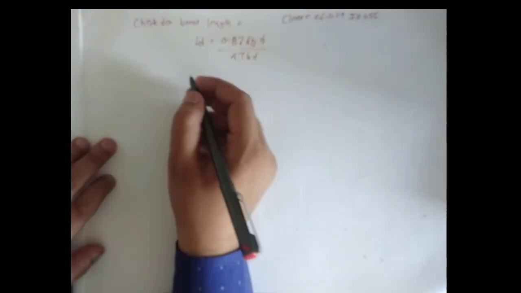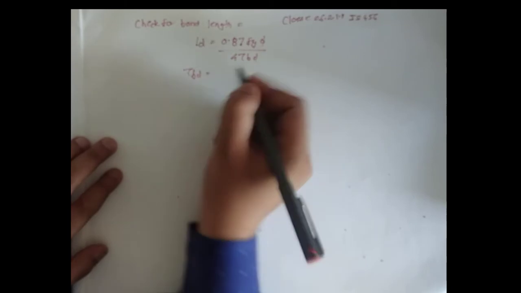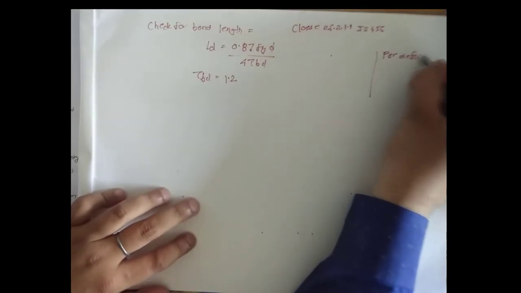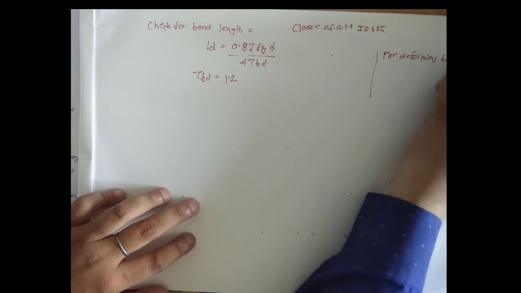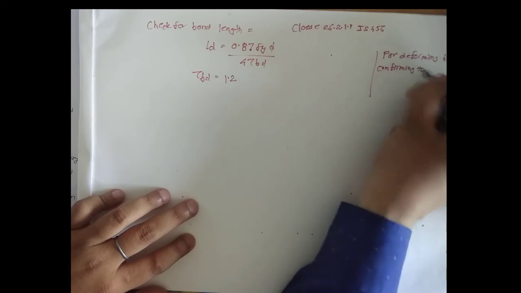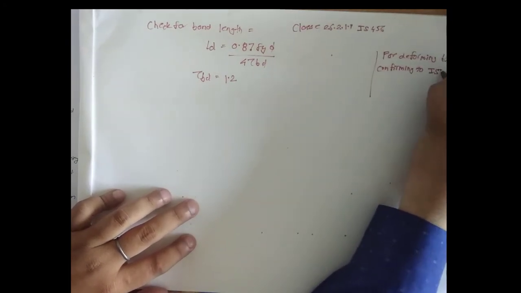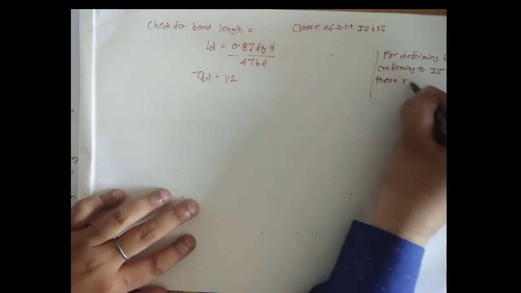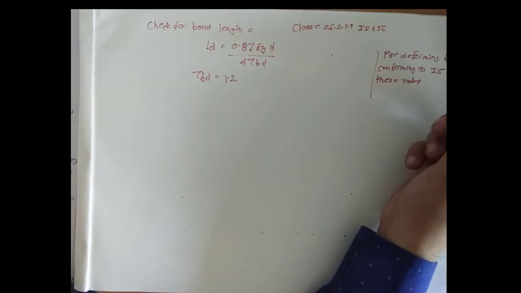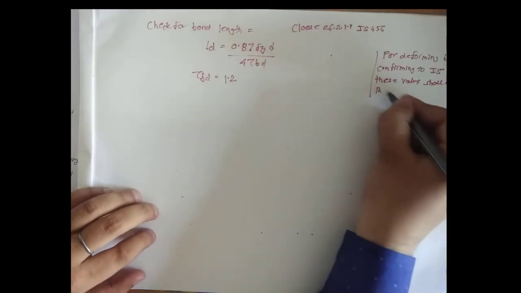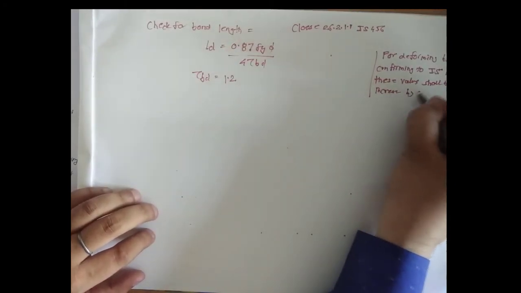Now we need to put the value of tau BD. For M20 it is 1.2, but if you read the further clause there, for deformed bars conforming to IS 1786, these values given in the table, Table 19, just like 1.2 for M20, shall be increased by 60%.